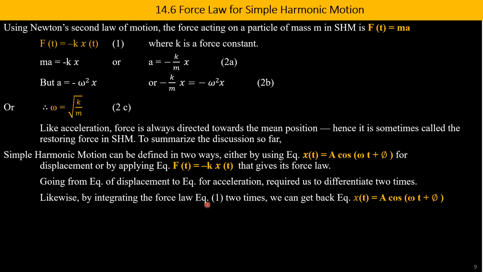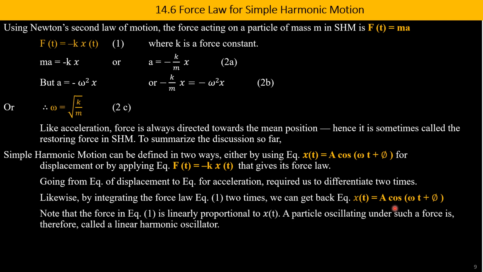Likewise, we can obtain the value of x by integrating force. That is, force is equal to minus k x. We have to integrate this equation 1 two times. We can get back x of t is equal to a cos omega t plus phi. Note that the force in equation 1 is linearly proportional to x.